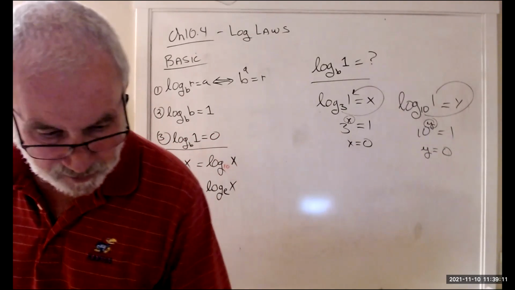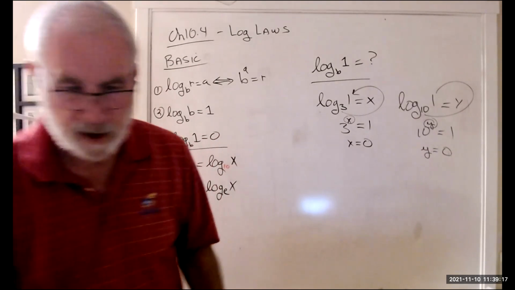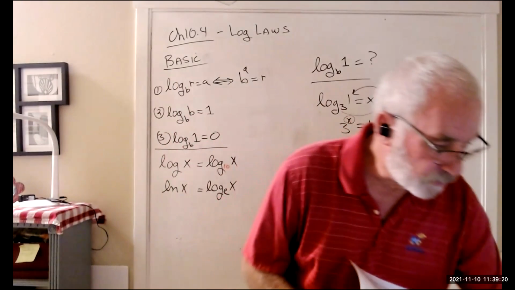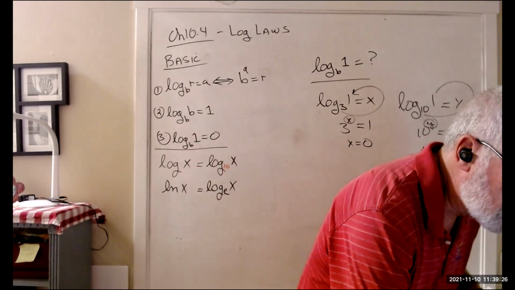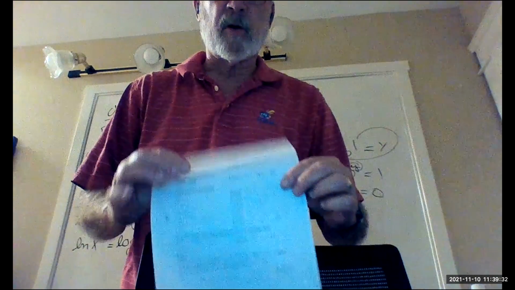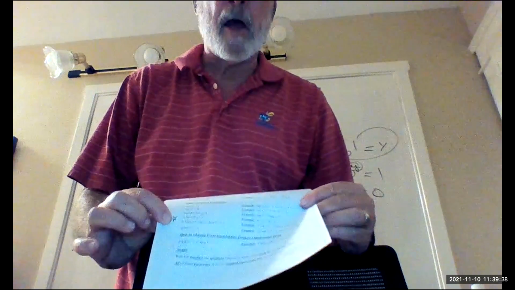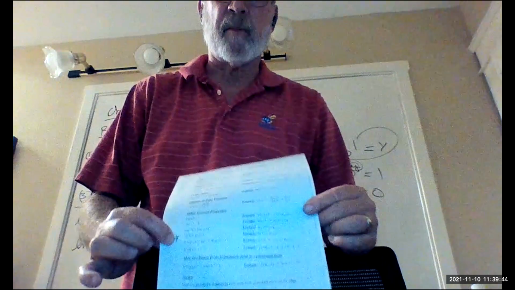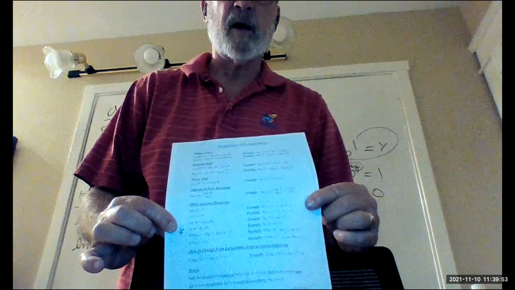By the way, I indicated that that handout had an error. I'll do this again tomorrow, but the handout has an error. Right there, he said the ln of m equals the ln base e of m. It should be log base e of m.